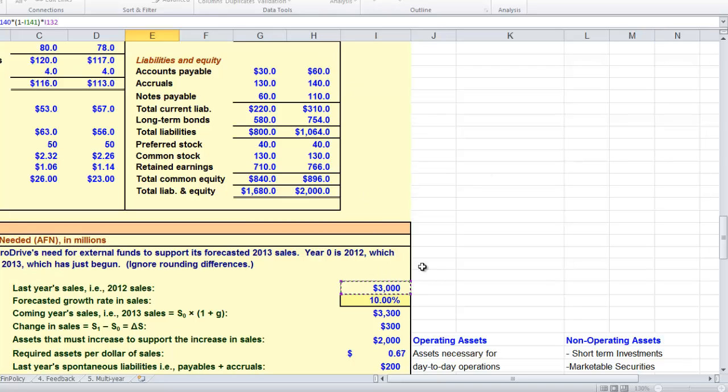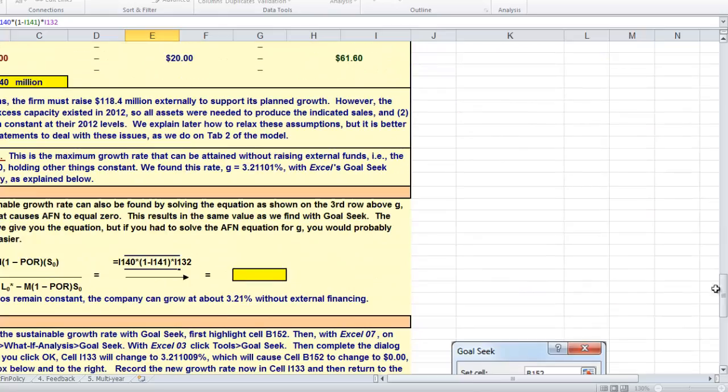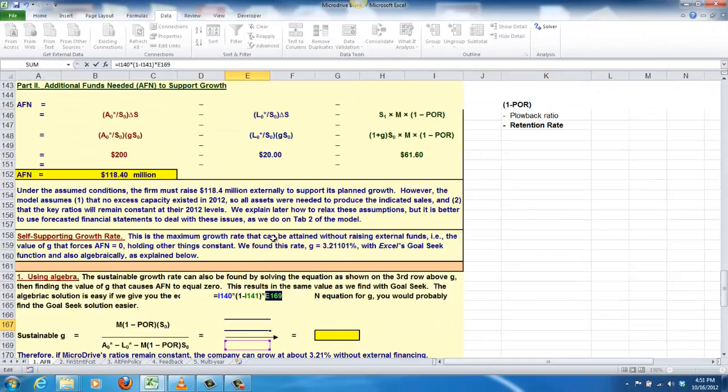And what that is doing is calculating the actual amount in 2012 that we can plow back into the company, the actual dollar amount that's going to be retained in the company, and saying, okay, that's all we get. We don't get to go out to our stockholders or to our bondholders to get additional funds.